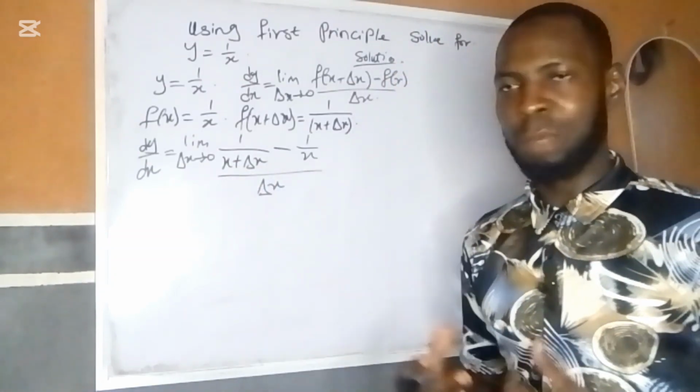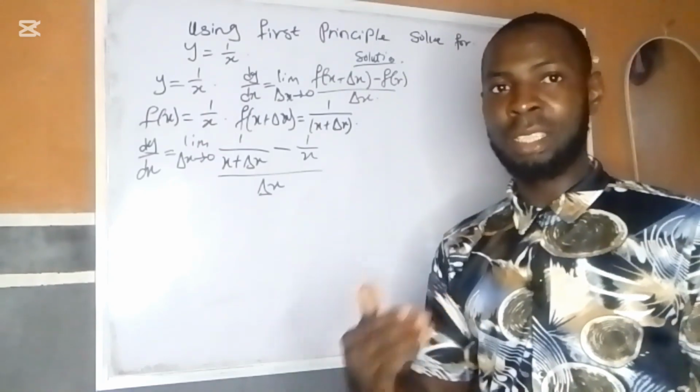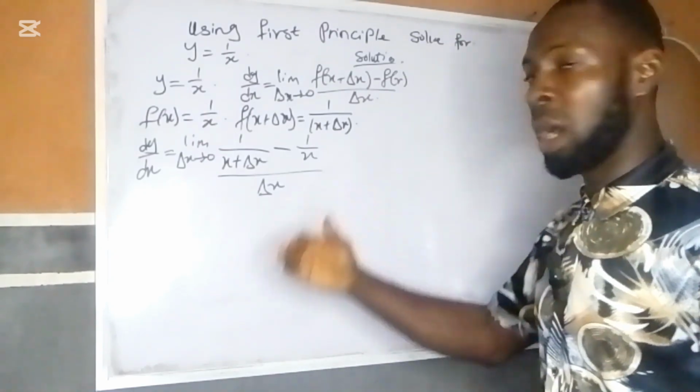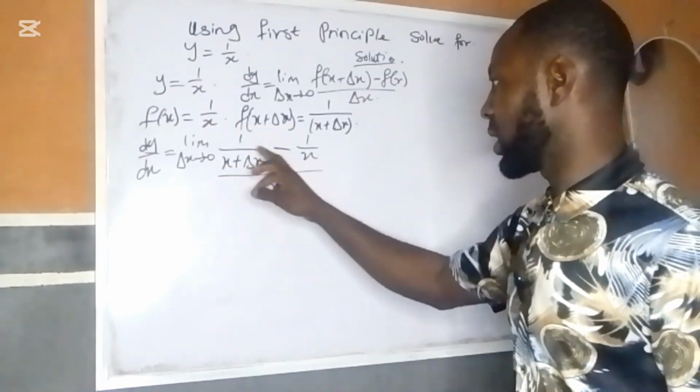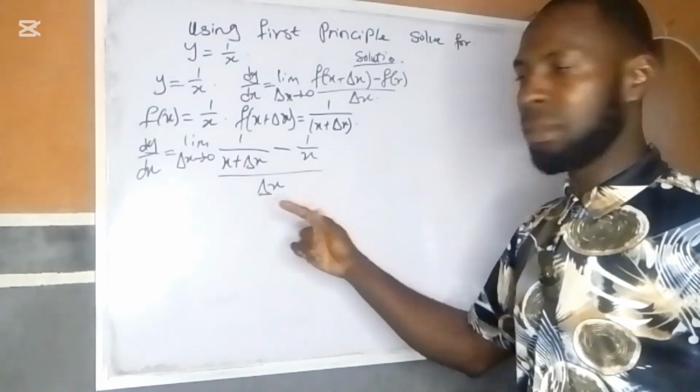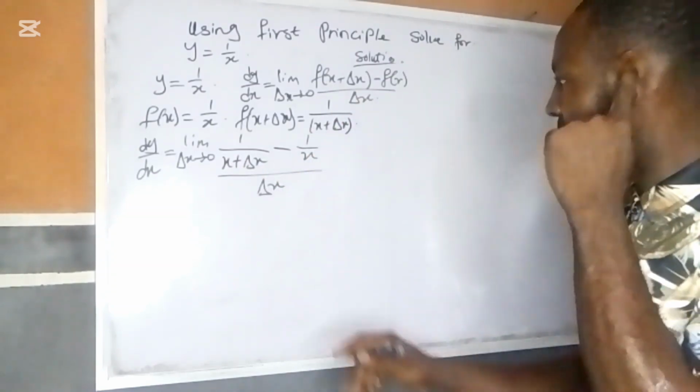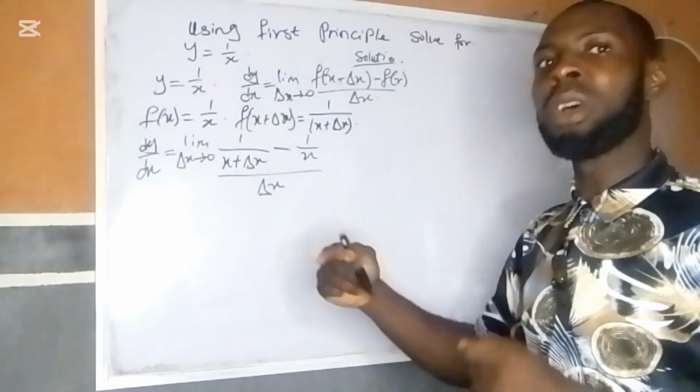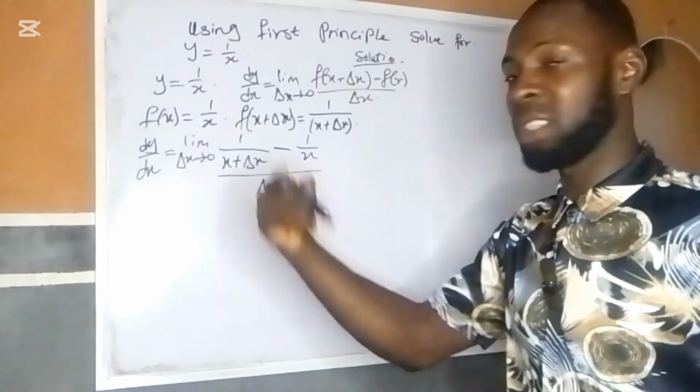Now, we do some manipulations here. Although rather it's not manipulation, but that's actually what we are going to do. Now we are having fractions here. Let's take the LCM. Our LCM here is nothing but x into x plus change in x, right?